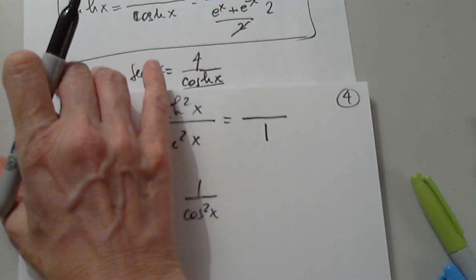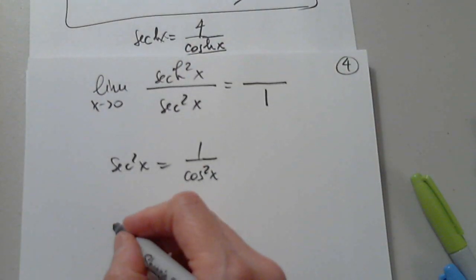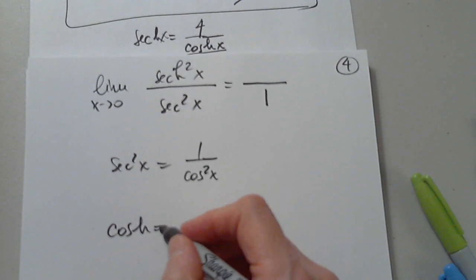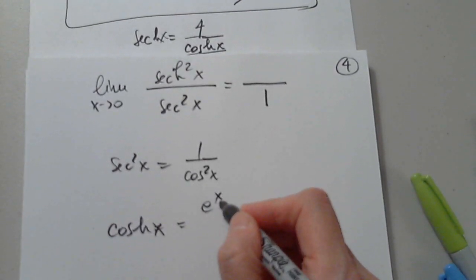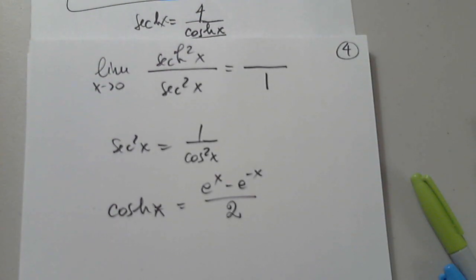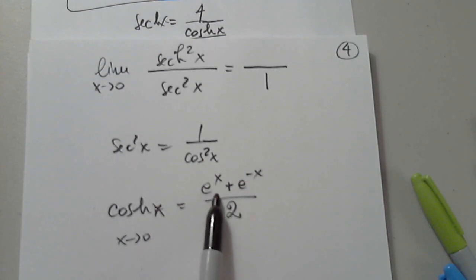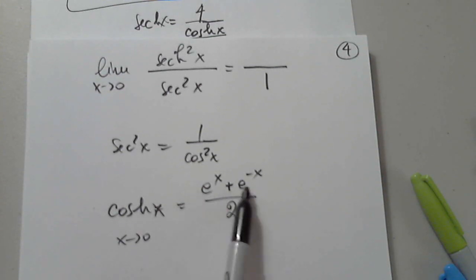But now I want to show this hyperbolic secant squared one more time. So hyperbolic cosine x equals e to the x plus e to negative x divided by 2. If we plug in 0 as x approaches 0, this is 1 plus 1 over 2, so it's 2 over 2.